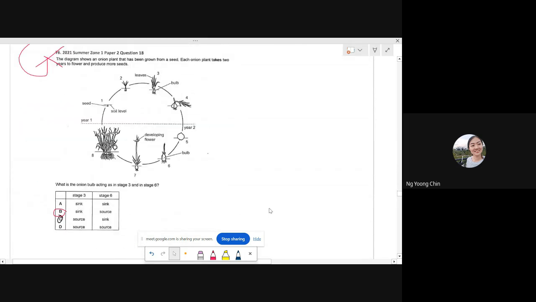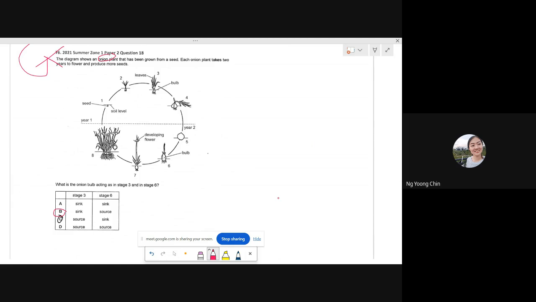And then for this one. It's a bit complicated to understand, but you can see this is the life cycle of the onion plant, right? It starts from the seed, then grows up to become the plant until it produces a leaf.